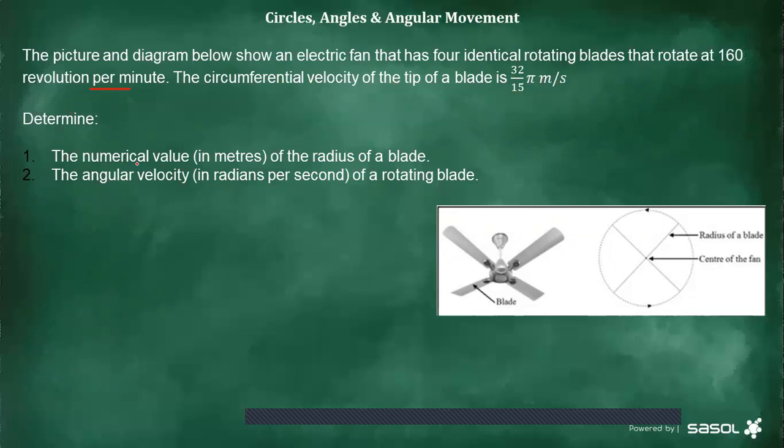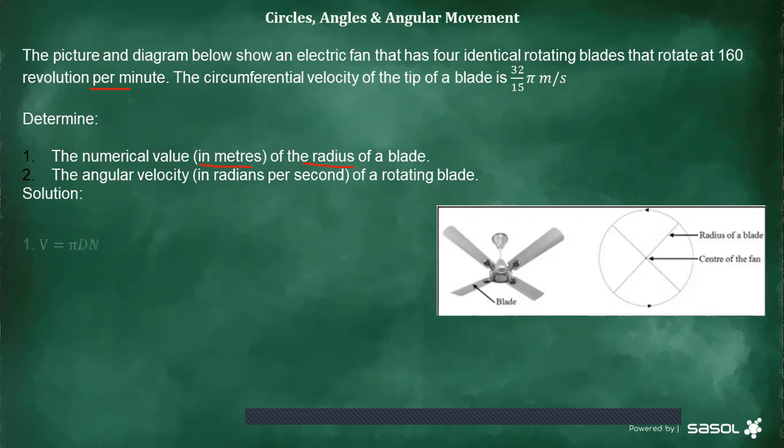Determine the numerical value in meters of the radius of the blade. They are now in need of the radius, and you can see from the scenario we're given the circumferential velocity. If you remember the formula very well, it does have diameter, which is V equals to pi dn.